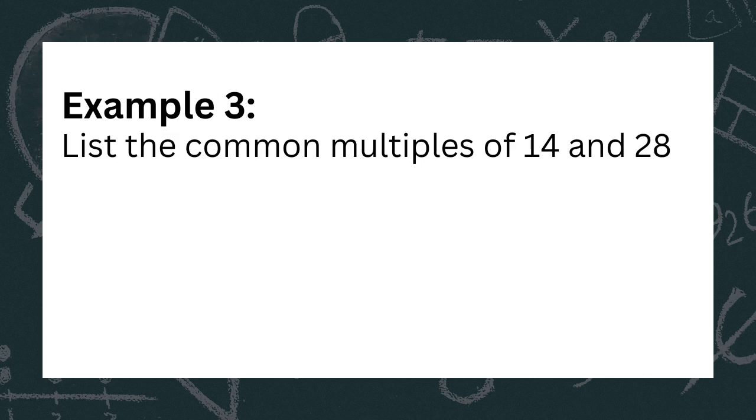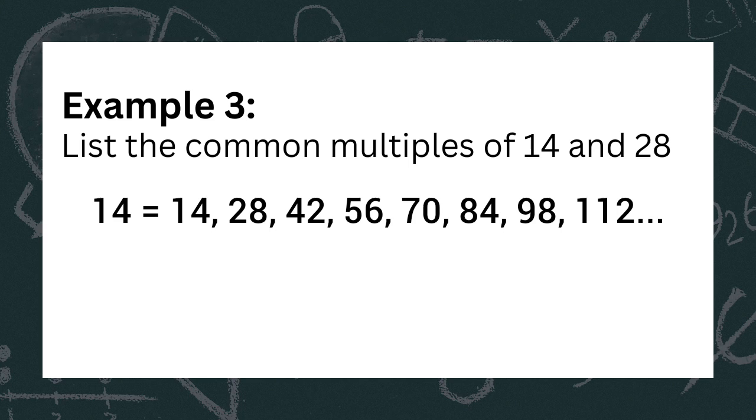Example 3. List the common multiples of 14 and 28. The multiples of 14 are 14, 28, 42, 56, 70, 84, 98, 112, etc. Remember, we got that by multiplying 14 times 1, times 2, times 3, and so on and so forth.